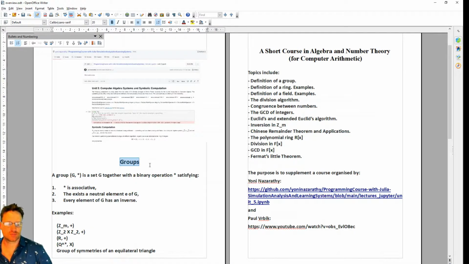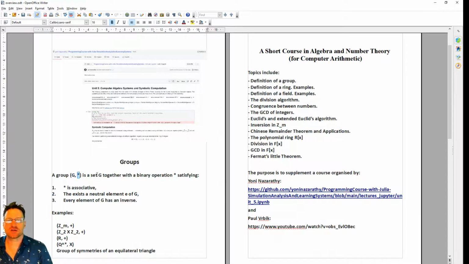What is a group? So a group is a set G together with a binary operation. Now the simplest thing for me to write here was a star, but it could be a plus, it could be a multiplication sign, it could be a diamond. It's an abstract binary operation.